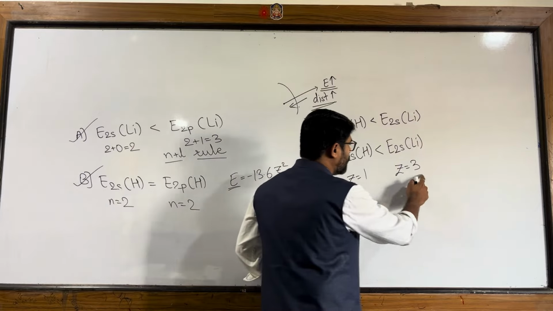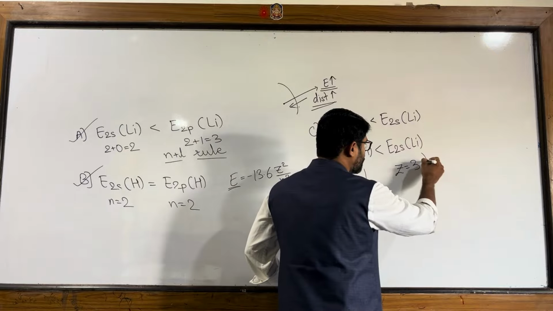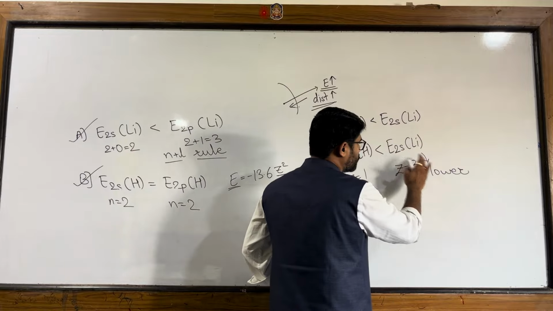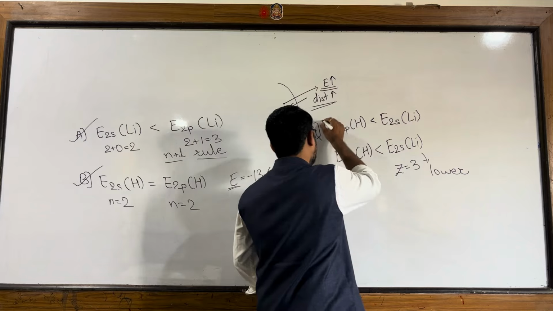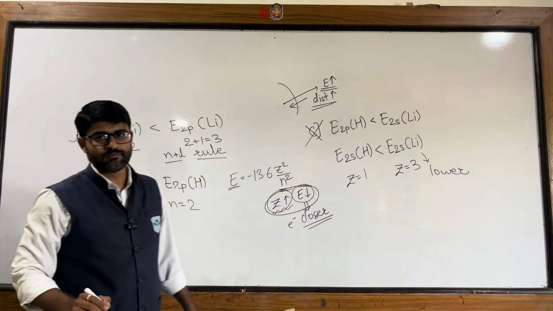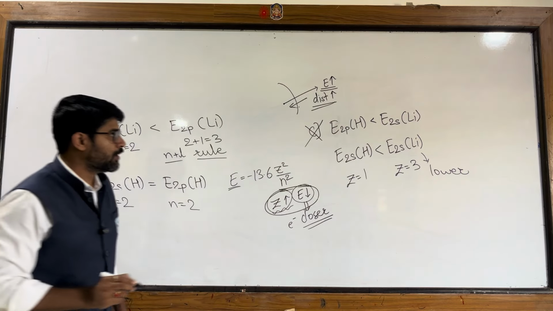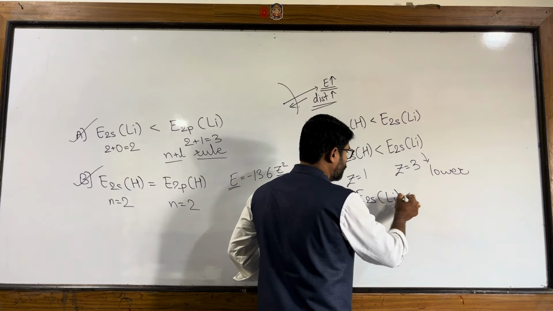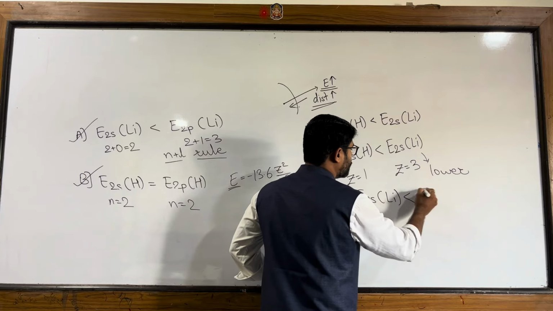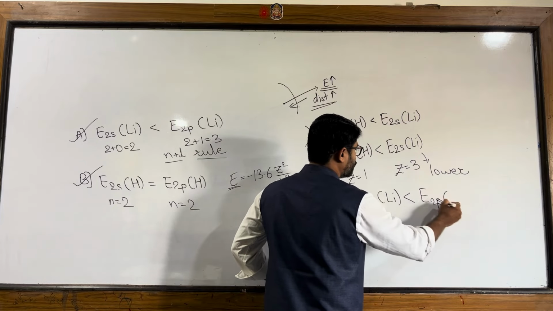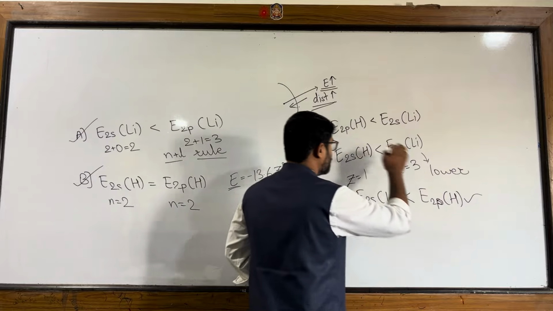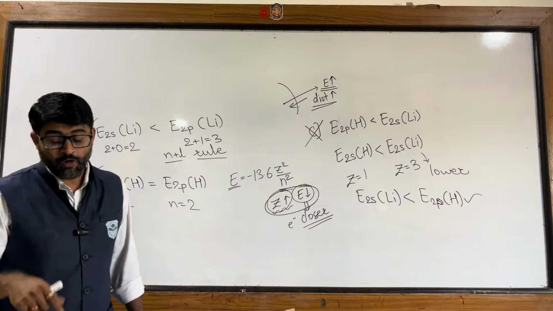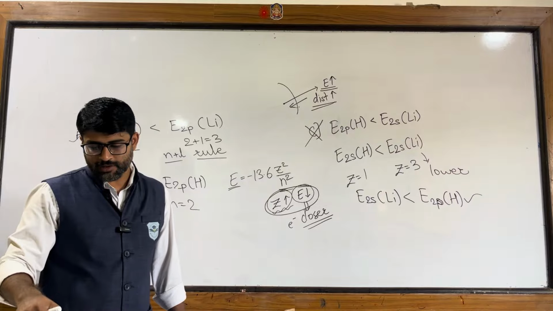But here it is given that its energy will be higher. So option C is wrong. The correct order is energy of 2s of lithium is lower than energy of 2s or 2p of hydrogen. So option C will not be an answer.